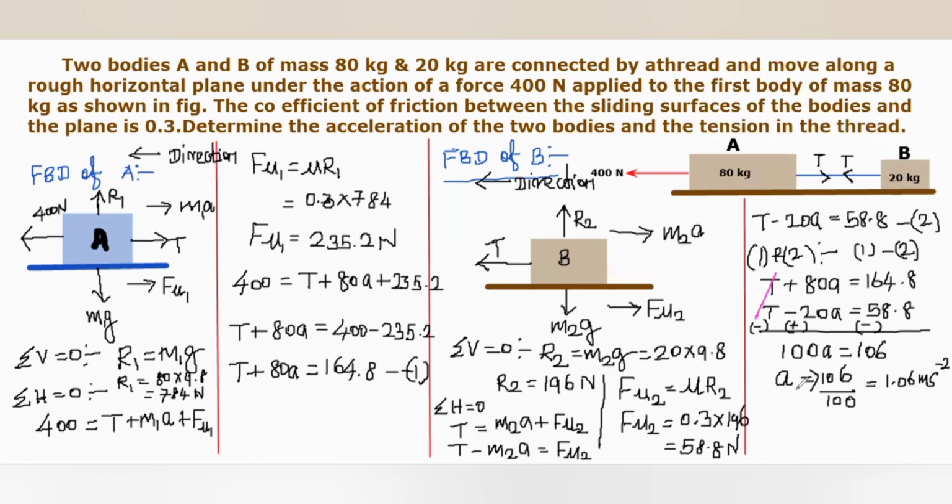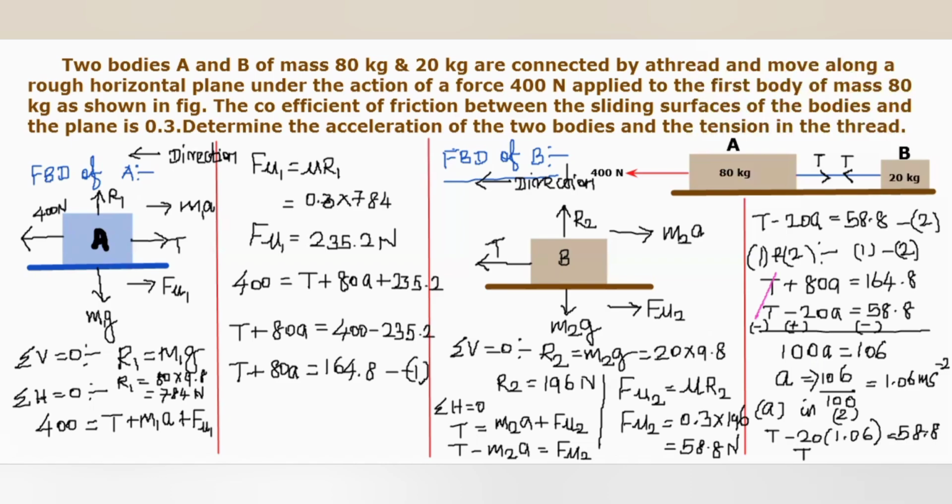So substitute the value of acceleration in any one of the equations, say 1 or 2. So we will get tension: T minus 20 multiplied by 1.06 equals 58.8.